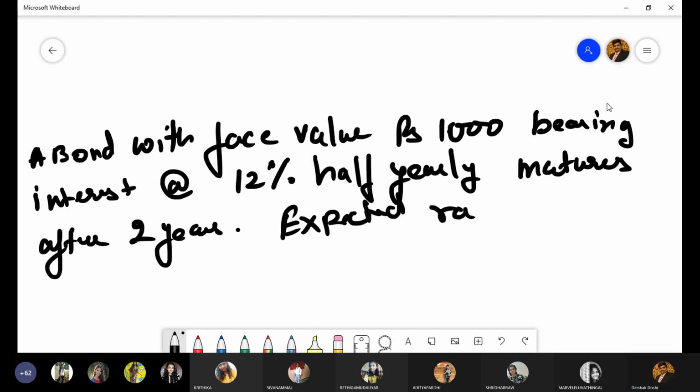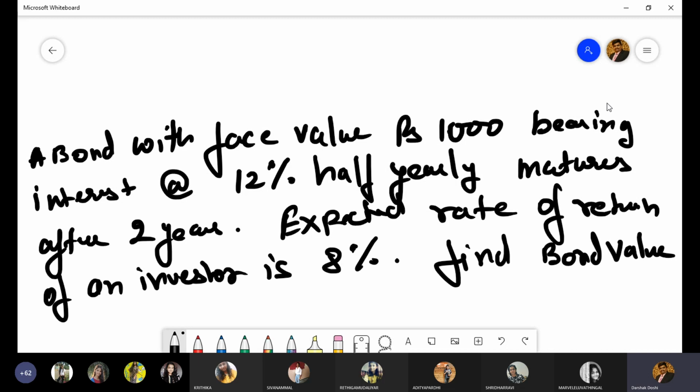Expected rate of return. Now this is also for homework.